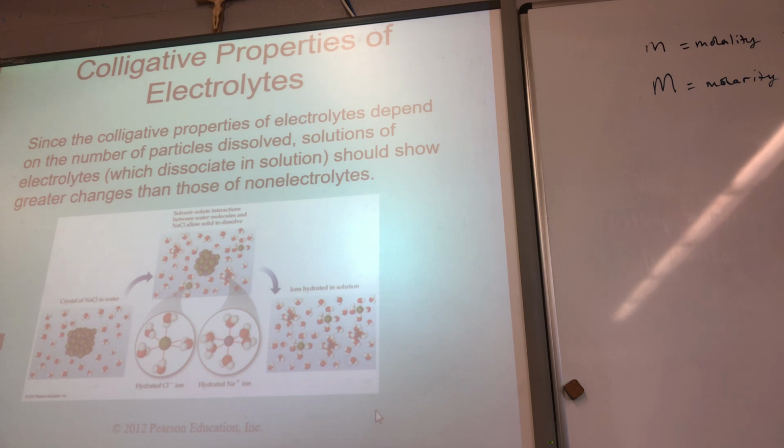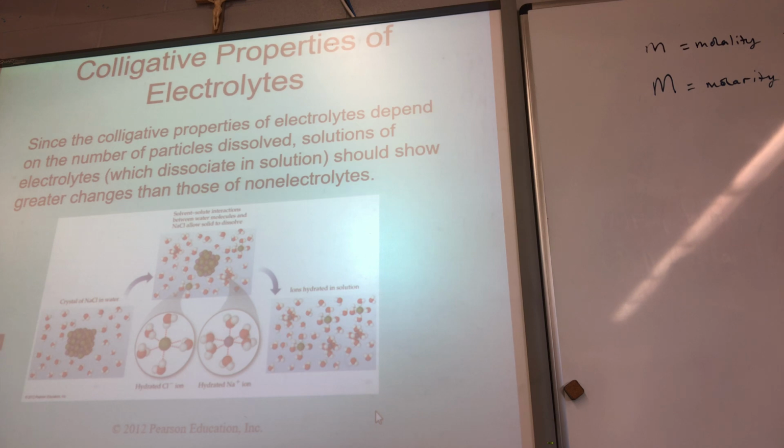Because there are multiple particles that get dissolved, the effect of that is actually going to be greater than those of non-electrolytes. So if we compare a salt solution to a sugar solution, a salt solution is going to have a greater effect on, say, the freezing point than something like a sugar would, or something that doesn't dissociate into ions. Okay?